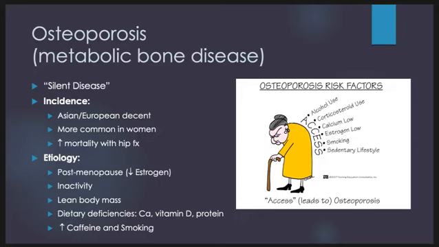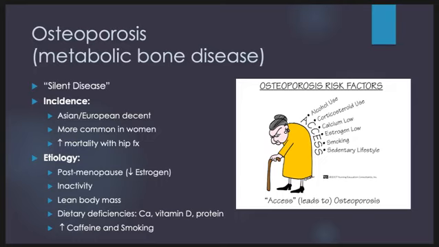There is high incidence of osteoporosis in Euro-Caucasian or Asian ethnicities, those who have gone through menopause, or there's a history of total hysterectomy, including the removal of ovaries, so more common in women.